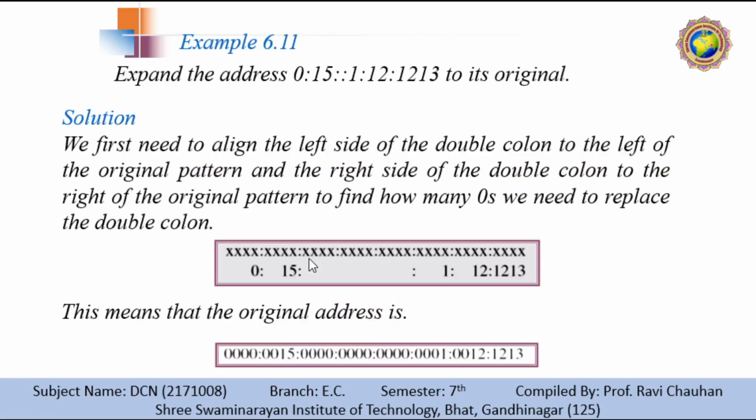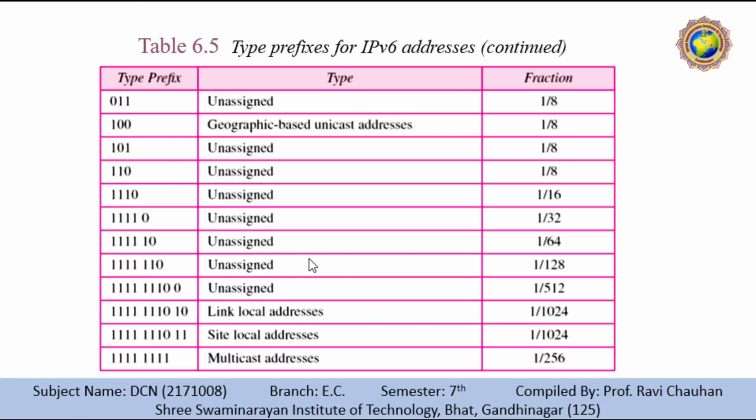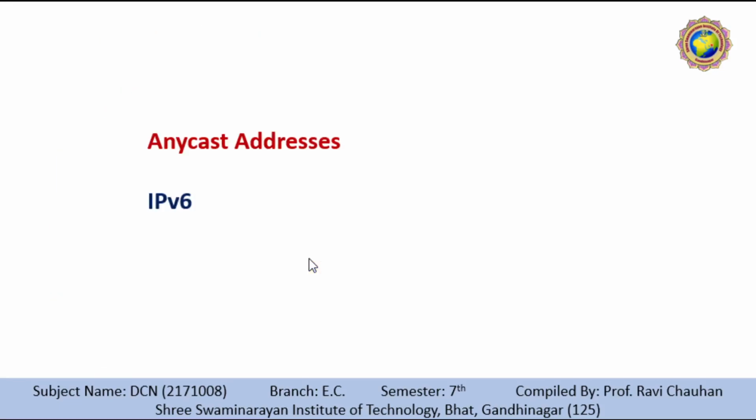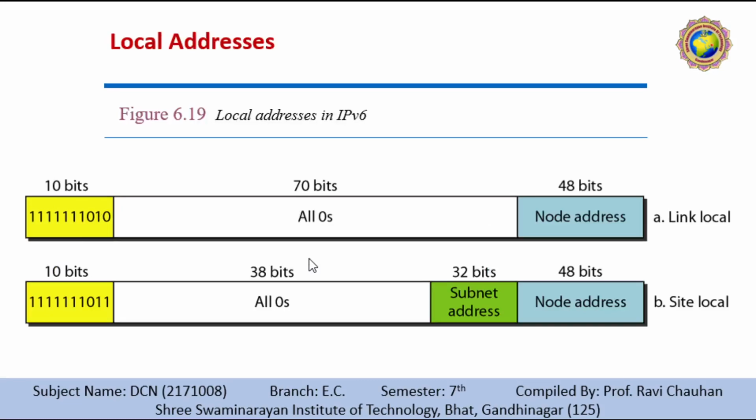We have seen an example of the same. Then the unicast address concept, then multicast, and lastly anycast addresses. We have also seen reserved addresses, and at the last we discussed local addresses.